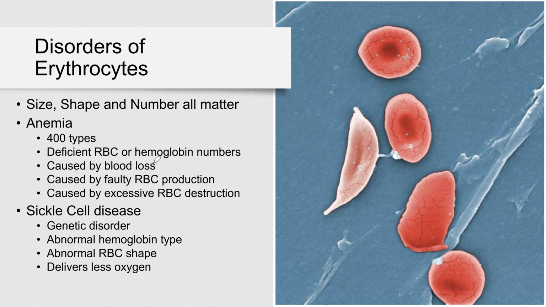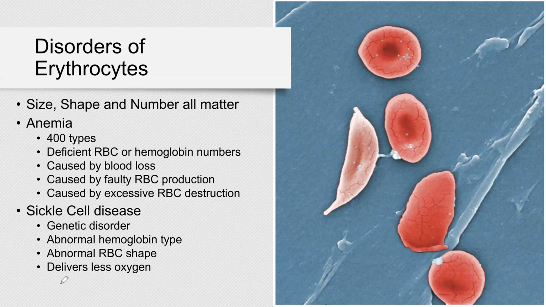It can be caused by blood loss, faulty RBC production, excessive RBC destruction, and so on. Now here, for example, sickle cell anemia is a genetic disorder. It's an abnormal hemoglobin type, and because of abnormal hemoglobin, you have an abnormal shape of RBCs.